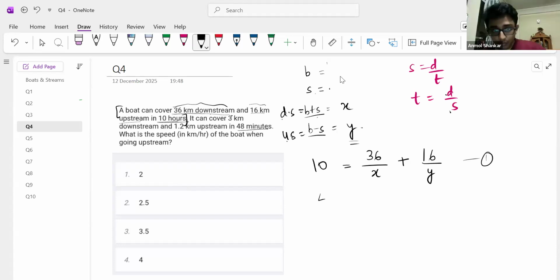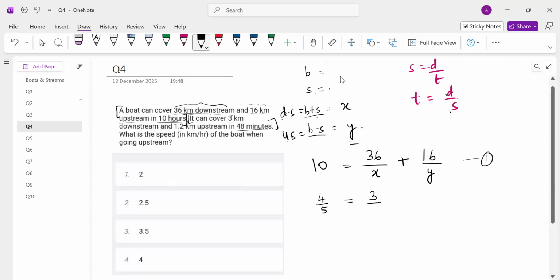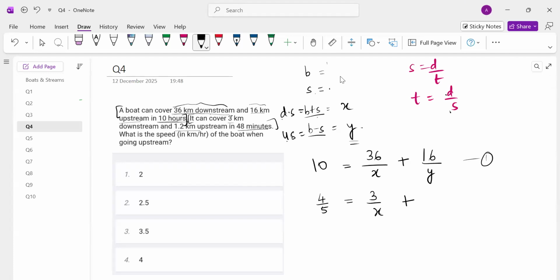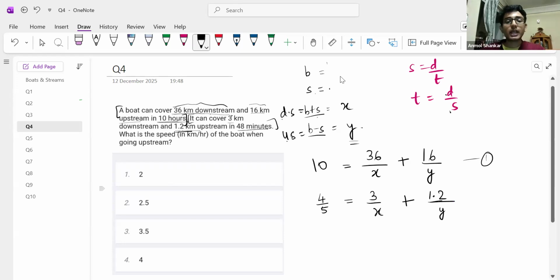So 4 by 5 is equal to, in the same way form the equation: 3 km downstream, so distance by speed is 3 by x, plus 1.2 km upstream, so 1.2 divided by y. Distance is 1.2 and speed is the upstream speed y. So this is our second equation.